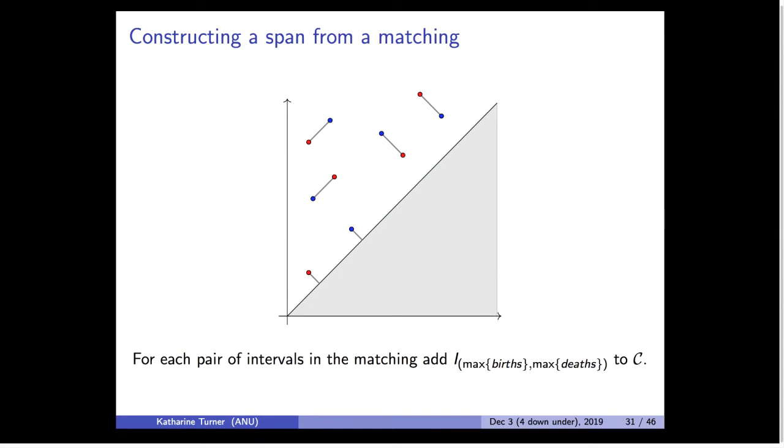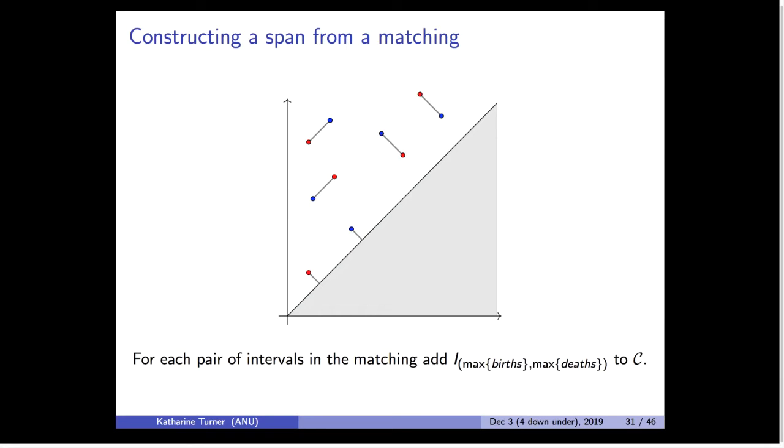I've got a blue diagram and a red diagram, and I apologize to anyone who's colorblind. In every pair, I want to add an interval to C, and that interval in C is going to be sent to the appropriate interval in A, the red, and to the appropriate interval in B, the blue. If I take the top rightmost matching, you can see a red one and a blue one matched together quite far off the diagonal.